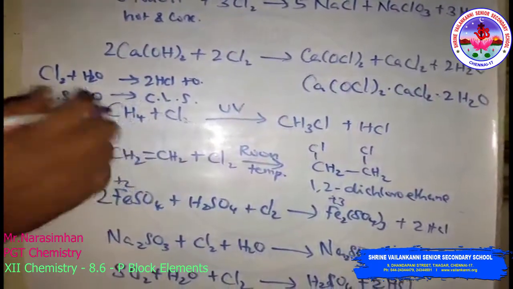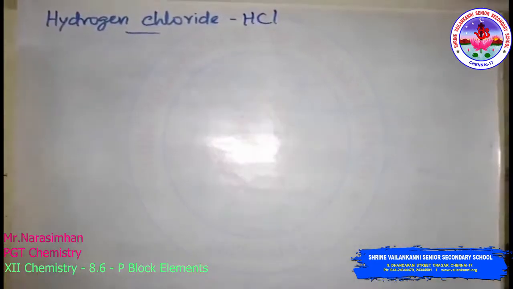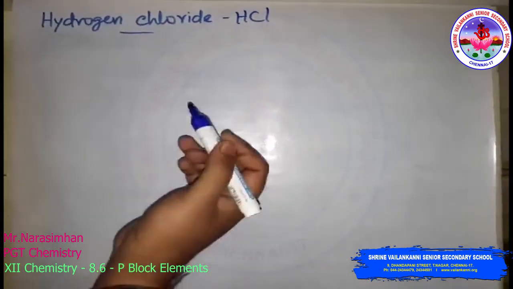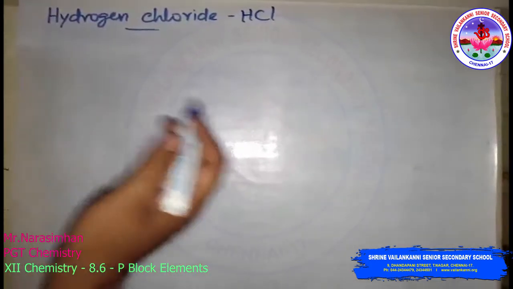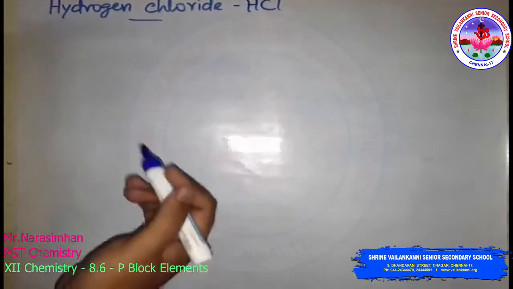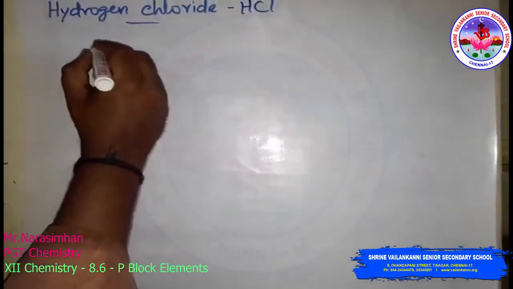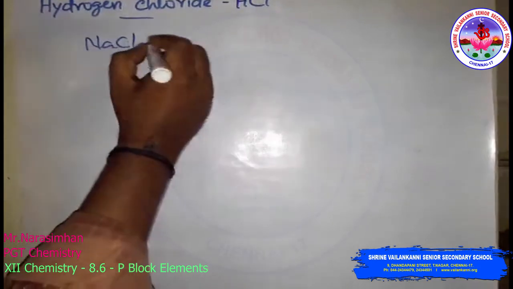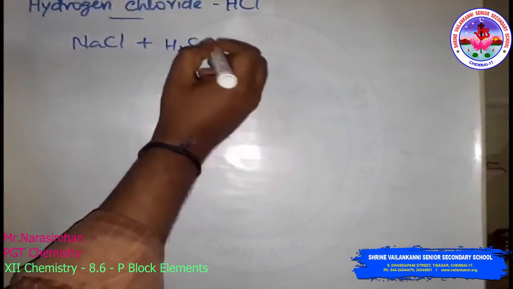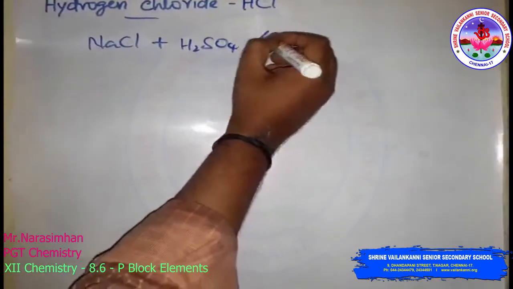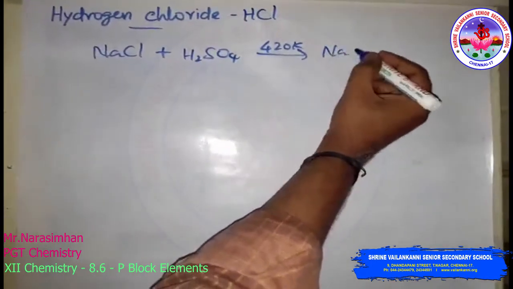Next we can see hydrogen chloride. The formula is HCl, the well-known compound. The preparation method, how to prepare hydrogen chloride: sodium chloride reacts with sulfuric acid at 420 Kelvin on heating, and you will get hydrogen chloride, along with sodium hydrogen sulfate.